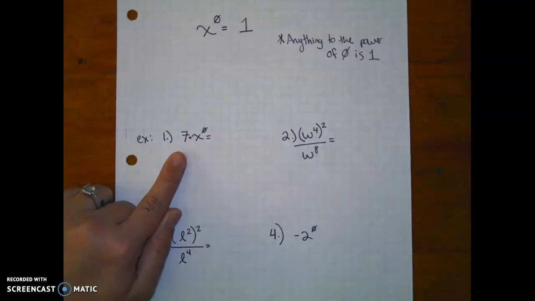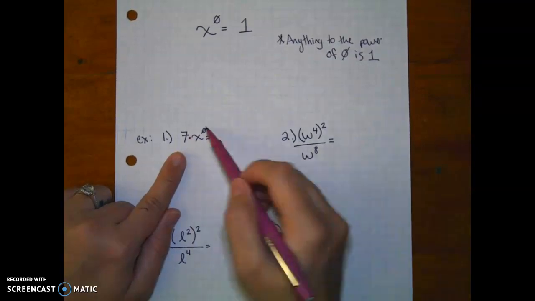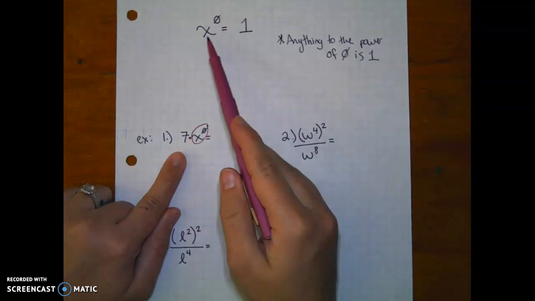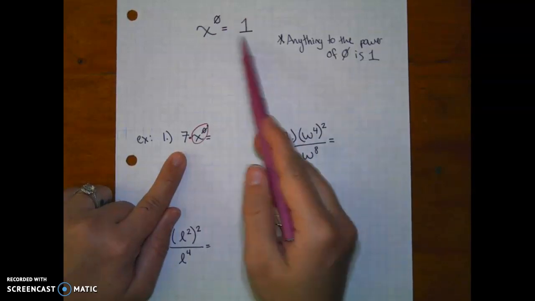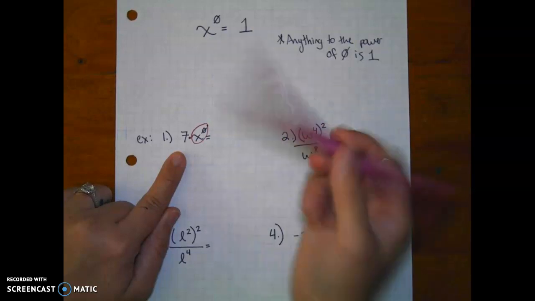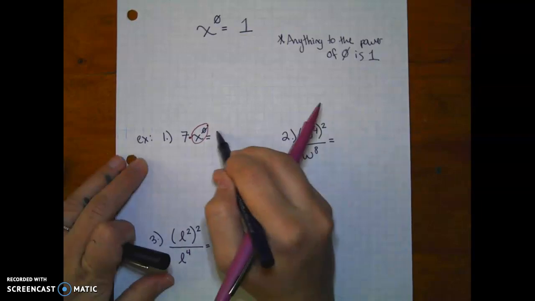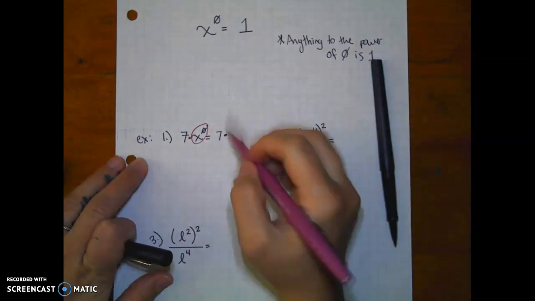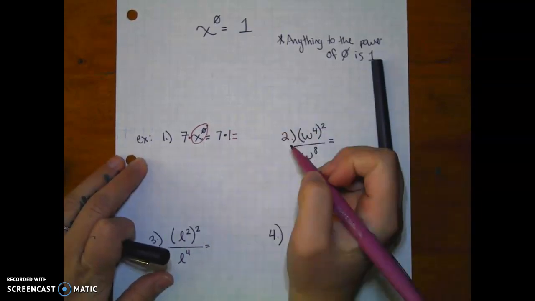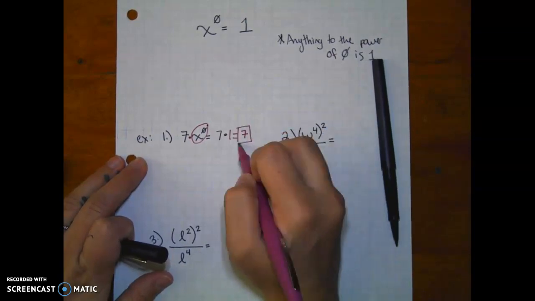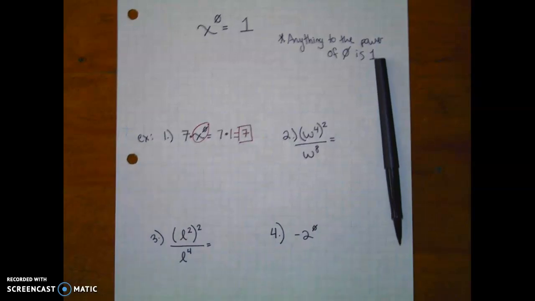So the 7, absolutely doing nothing. What is going to happen here? This matches my zero exponent power. So I know that that equals 1. So essentially, I have 7 times 1. Which is just going to be what? 7. Super duper easy, right?